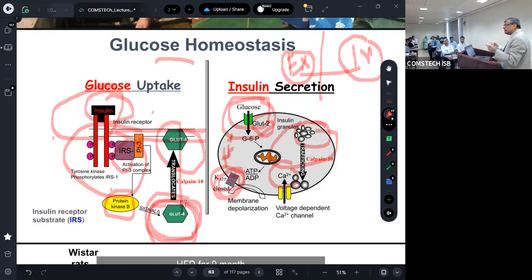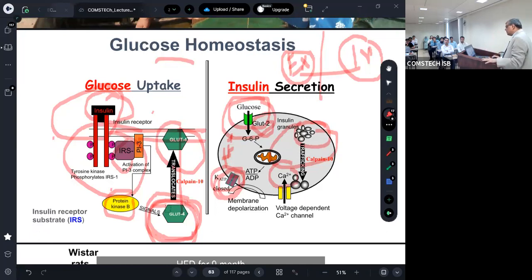If the unmasking is removed, insulin binds there, does its work, and can bring about insulin-induced glucose uptake. If it takes glucose from outside to inside, then blood glucose will be less. In this way, it is maintained.